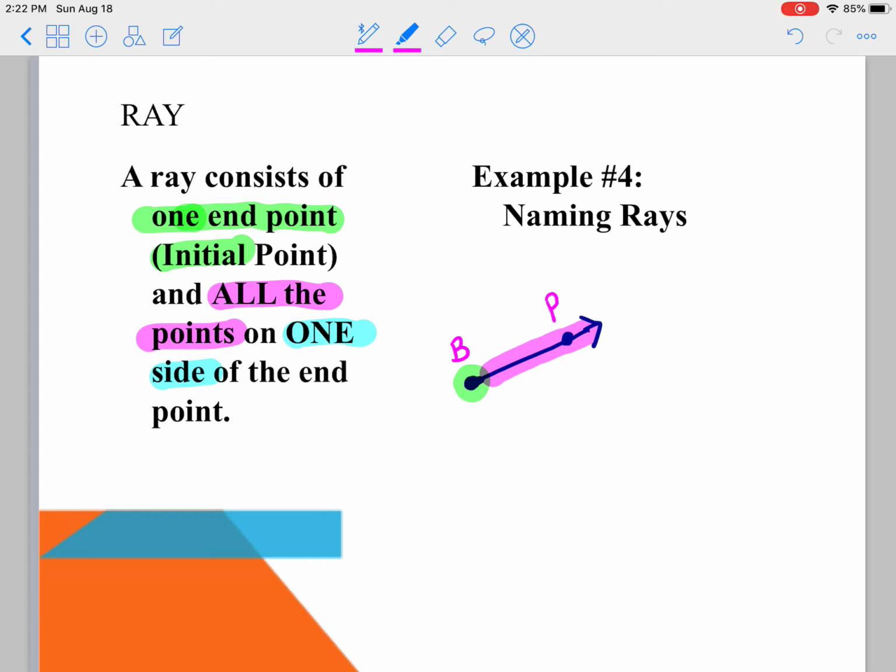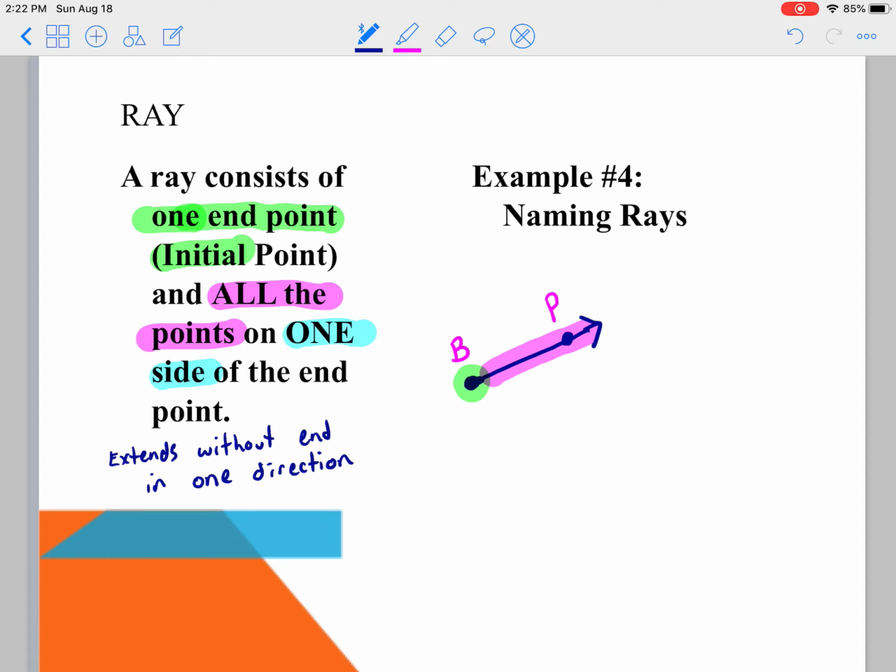And so a ray only extends forever in one direction, okay? Extends without end in one direction.